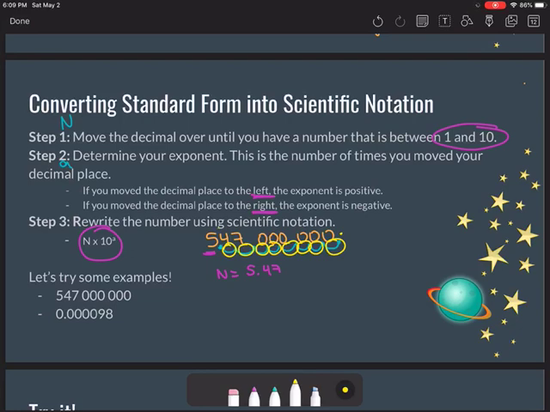We've moved it across 8 different numbers. So our a value is going to be 8. But is it going to be a positive or a negative? Well, we moved our decimal. It started over here and ended over here. We moved it to the left, which means we are going to have a positive exponent. So our a value is going to be positive 8.